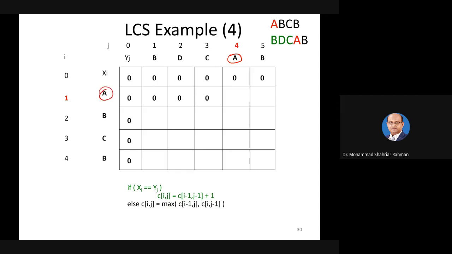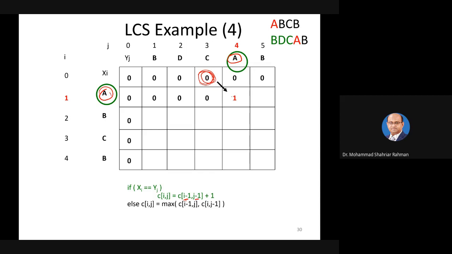And if there is a match, what we do is we take from this one, C I minus 1, j minus 1. This is the I minus 1, j minus 1, plus 1. Here we have found one more element.